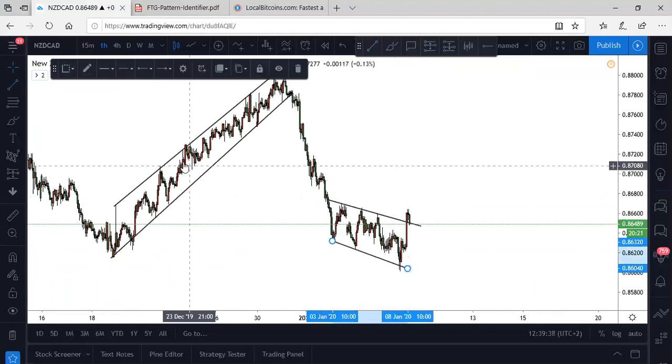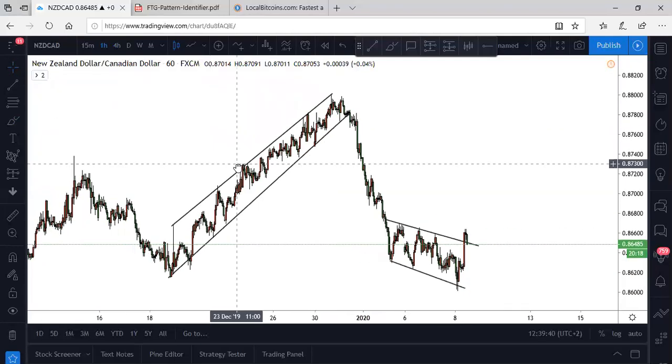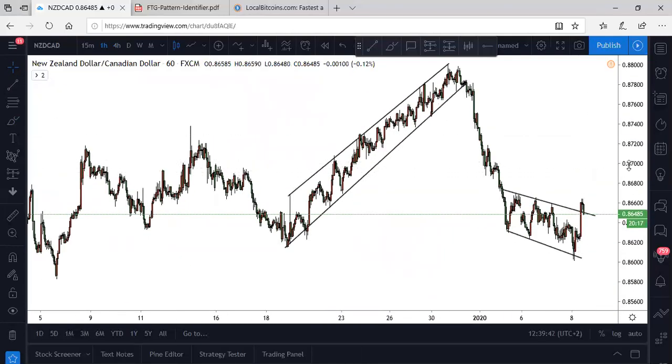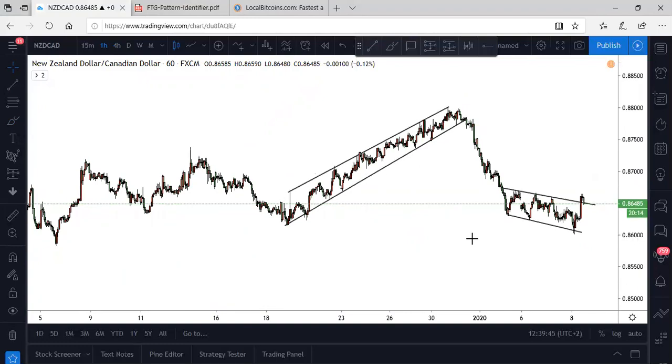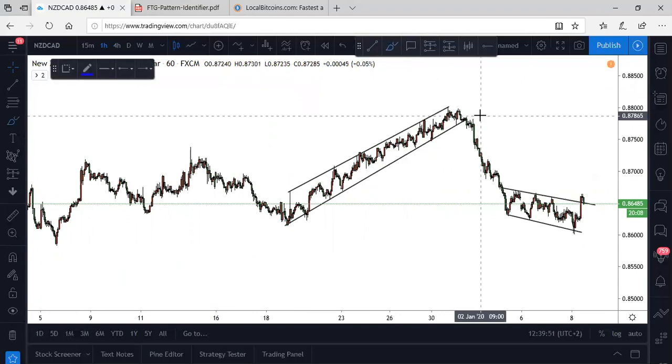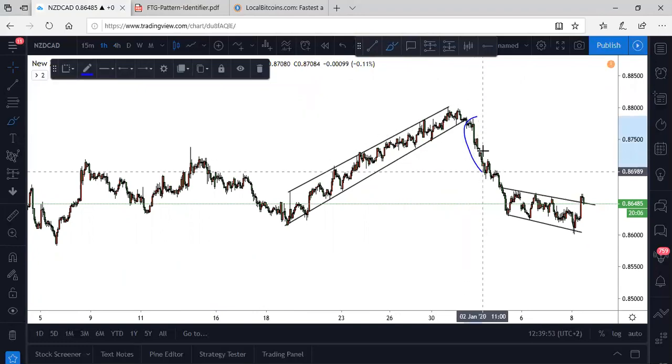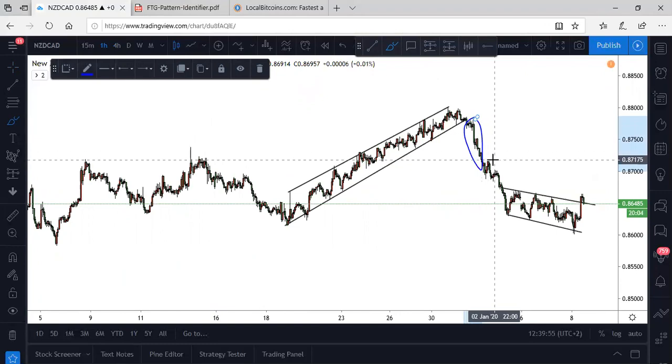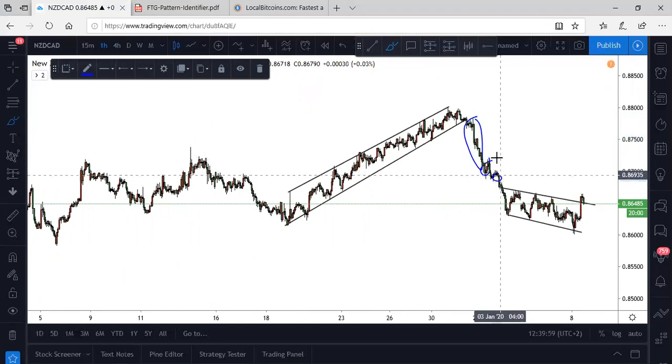As you can see, guys, this is the impulse, but there is a correction inside the impulse. But all this is a big impulse.